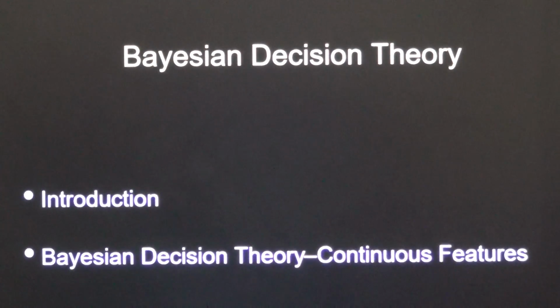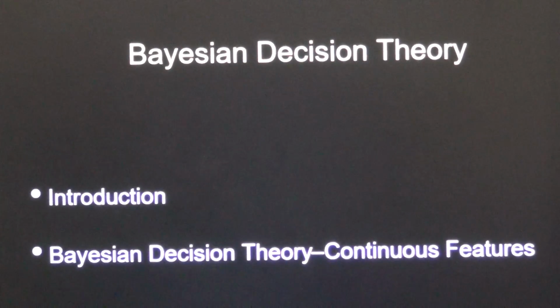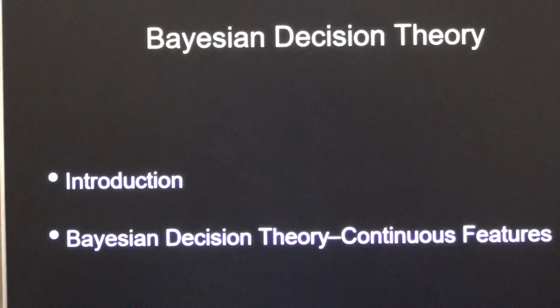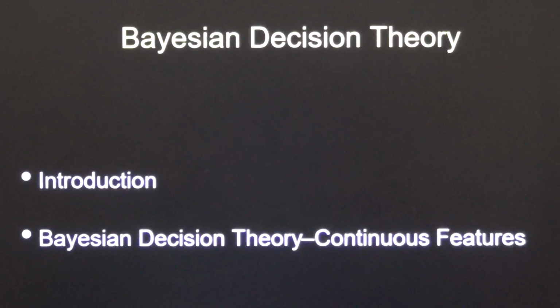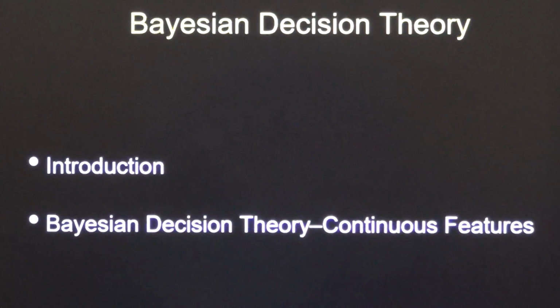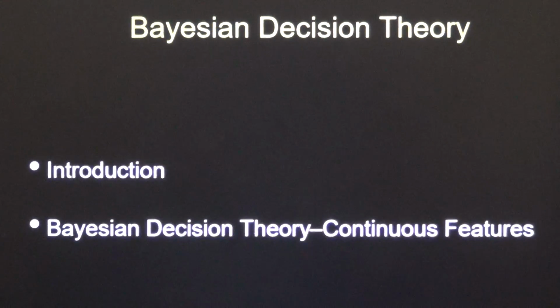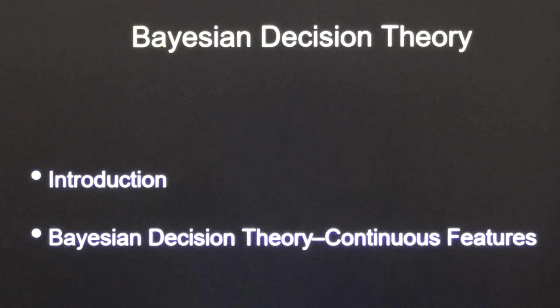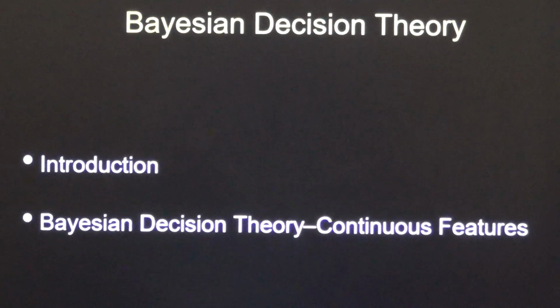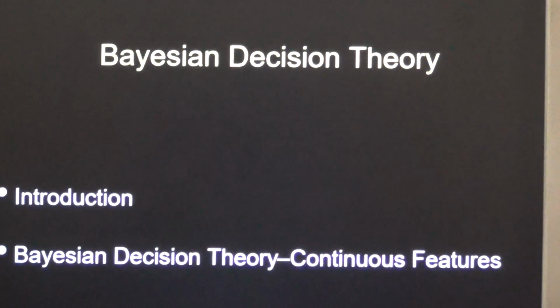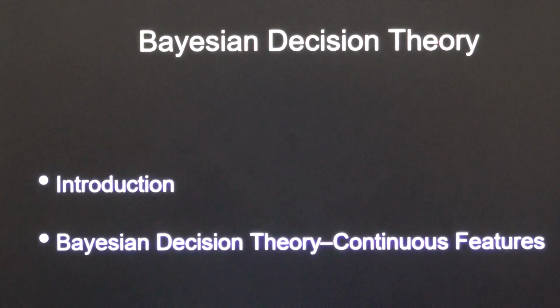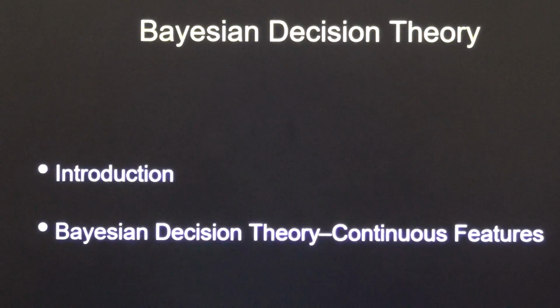Here we will introduce the Bayesian decision theory, and how it will be helpful for our problems. The features may be derived from the boundary features. Similarly, the features may also be derived from the region enclosed by the boundary, and those features can be, say, texture features and other color features.